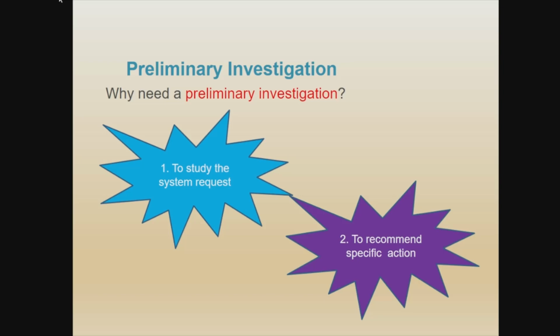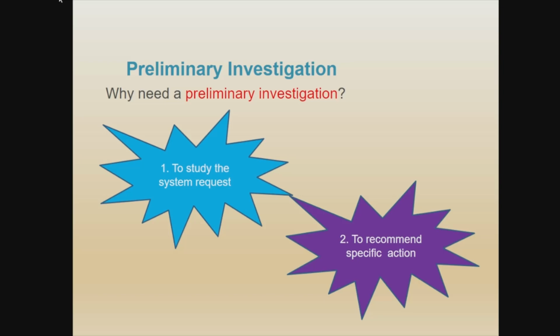You need to investigate. So why do we need this phase or these activities? First, to study the system request. When we want to develop an information system, you need to know what to do and what the requirements are. In order to identify that, you need to do the investigation.